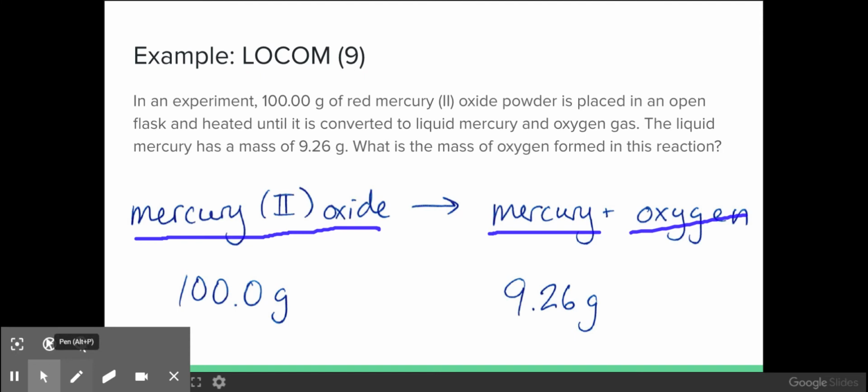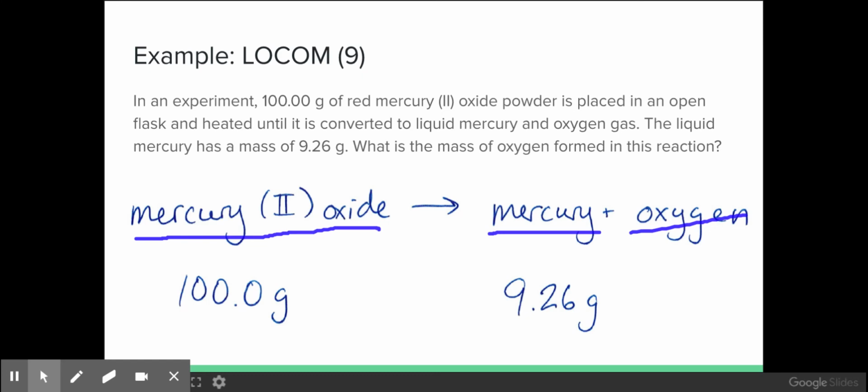I'm also going to use this as a way to organize my numbers. Since I have 100 grams of my reactants, and I know I have 9.26 grams of mercury, I'm also going to write that below. My goal is to find out how much oxygen was formed in the reaction.